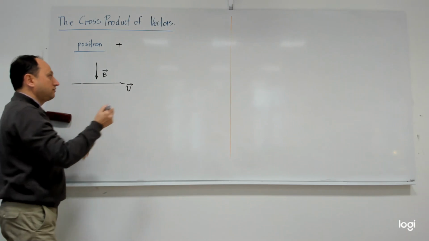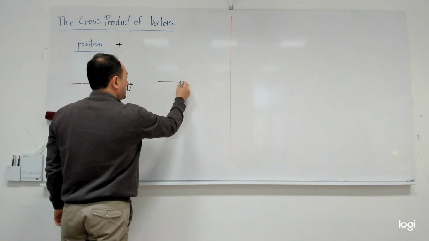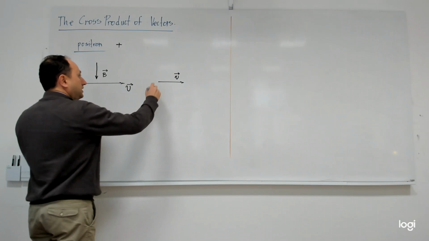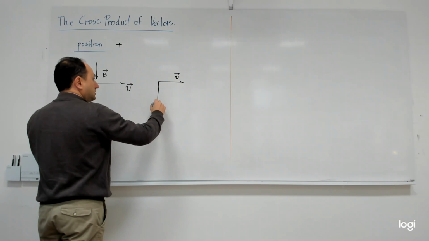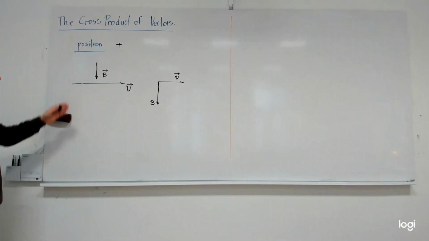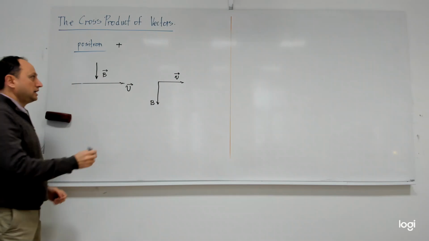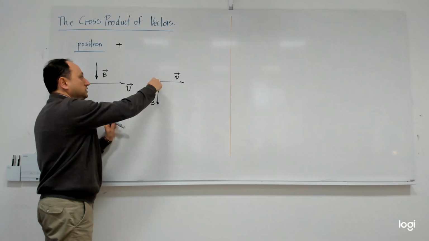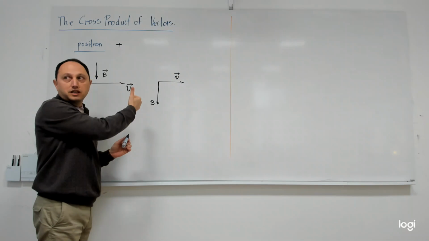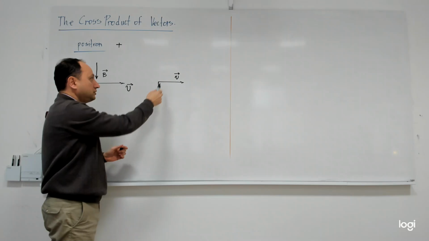You see the velocity is in this direction. The magnetic field, which is also a vector, is in this direction. If you do the experiment with positively charged particles, you see that they deviate in this horizontal plane outside. So the force should be perpendicular to these two, outside.